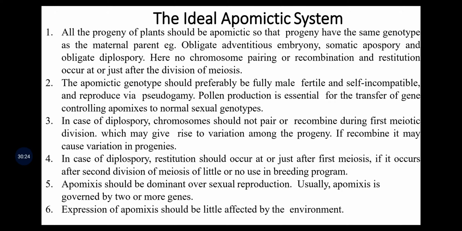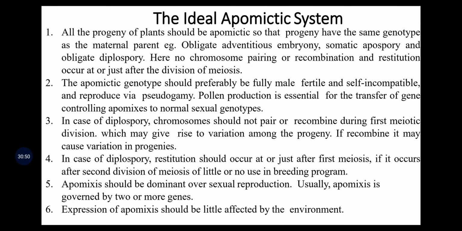Coming to the idea of an apomictic species, that means how an ideal apomixis system should be. All the progeny of the plants should be apomictic so that the progeny have the same genotype as the maternal parent. Examples: obligate adventitious embryony, somatic diplospory, and obligate diplospory follow this kind of condition.